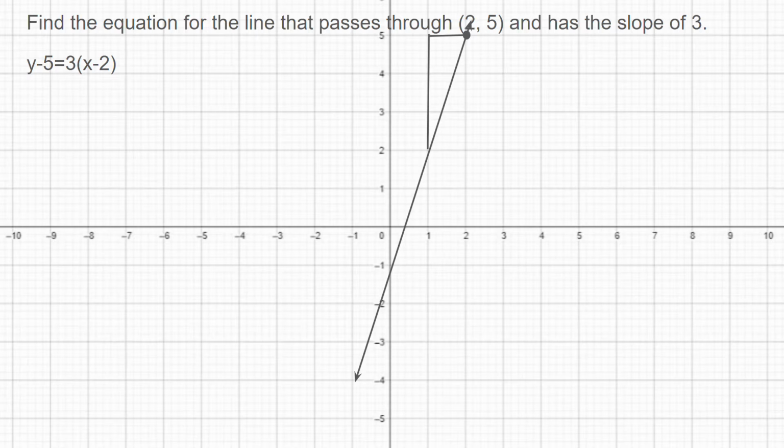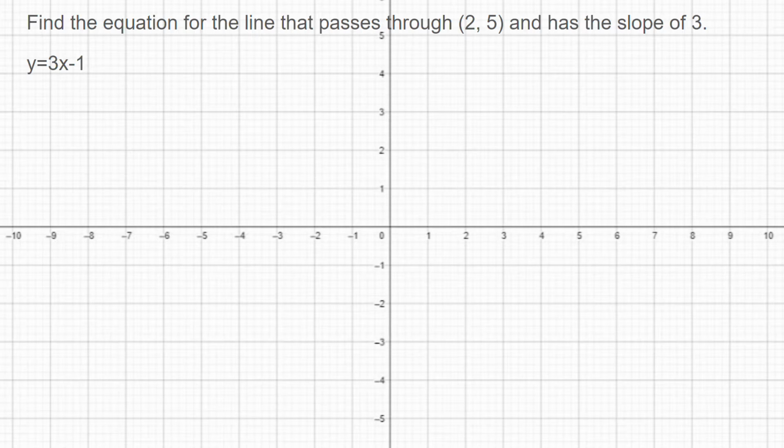Instead, we can also turn y minus 5 equals 3 times x minus 2 into another type of equation. Let's turn it into slope-intercept form. So we have y equals 3x minus 1, and that is the slope-intercept version of the line that passes through (2, 5) and has a slope of 3.